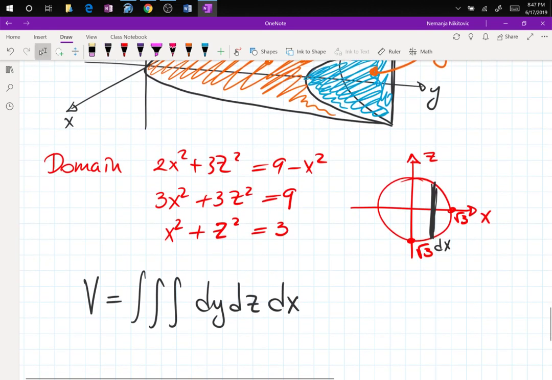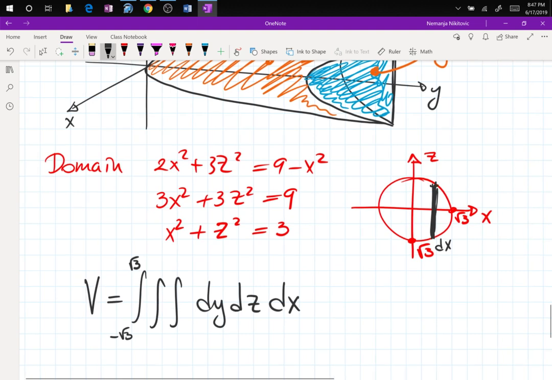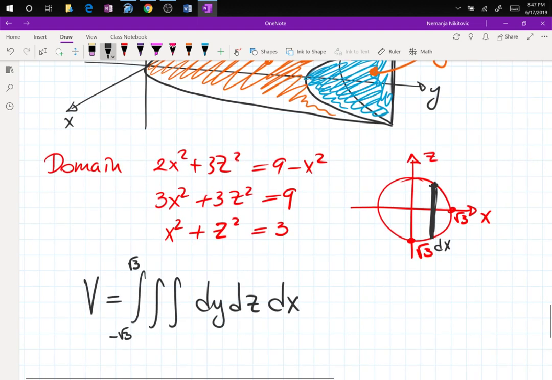Note that the dx is going to go from negative root 3 to positive root 3 on the picture. Are we green? What are my z values? You are thinking of the top of the representative rectangle and the bottom of the representative rectangle. What functions do they ride?